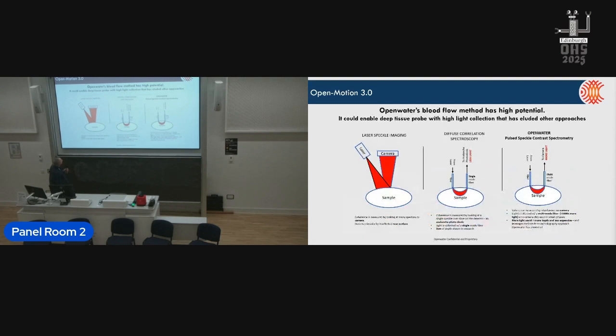To differentiate it from laser speckle imaging, which would be on the surface like a pulse oximeter, and these more expensive diffuse correlation spectroscopy devices, which can cost hundreds of thousands of dollars currently, our device is a $10,000 device right now. And we hope that when we scale our manufacturing, that cost will go down even further.